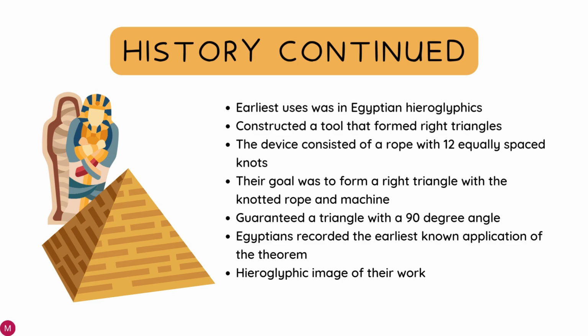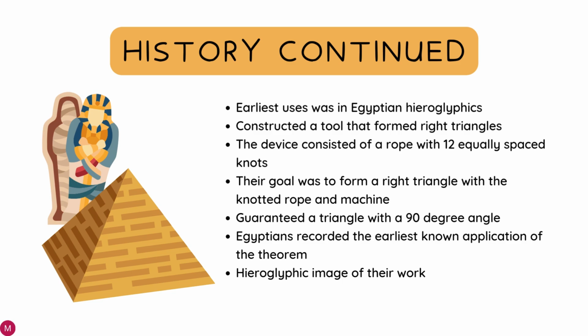This was done primarily by the 3-4-5 rule, the converse of the theorem for a special case. The device consisted of a rope with 12 equally spaced knots and made a triangle of side lengths 3, 4, and 5. Their goal was to form a right triangle with the knotted rope and machine. From the known side lengths and the special case of the Pythagorean theorem, they guaranteed a triangle with a 90-degree angle.